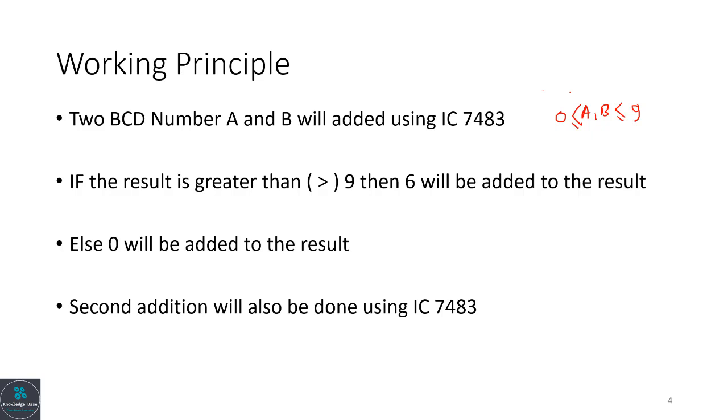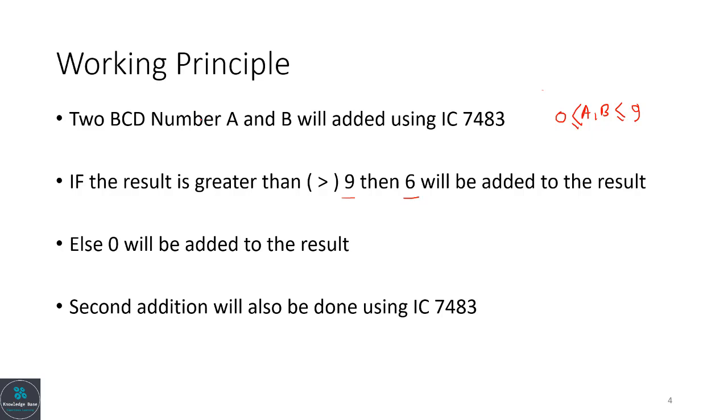Now, if the result is greater than 9, then we will add 6 to the result. 7483 performs the binary addition and generates a binary result. After getting that result, we need to add 6 to the result of the 7483.